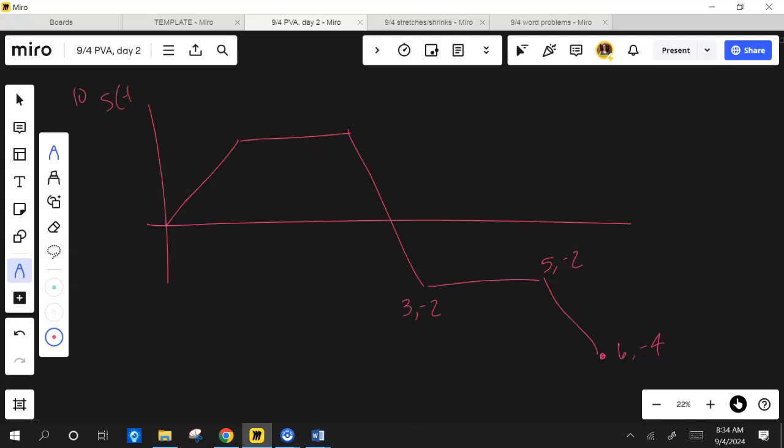This is position. You feel like they got what wrong? Because this is position, not velocity.